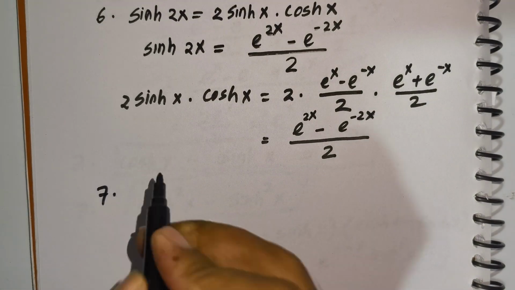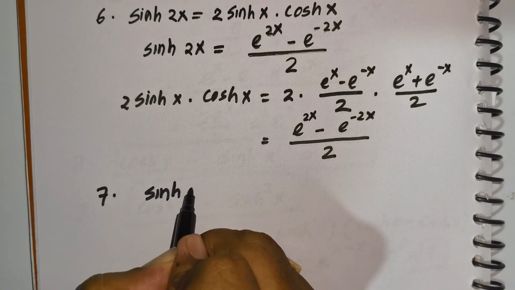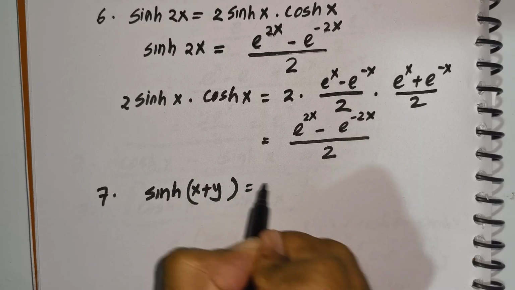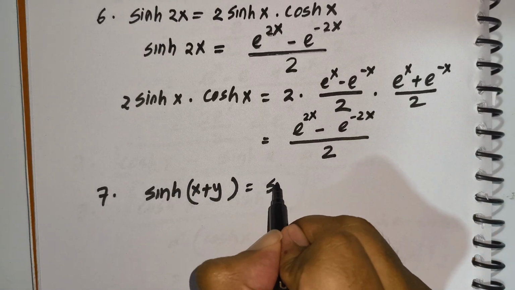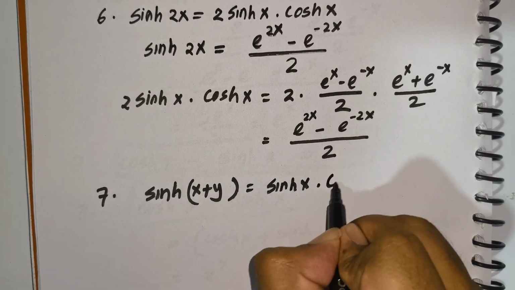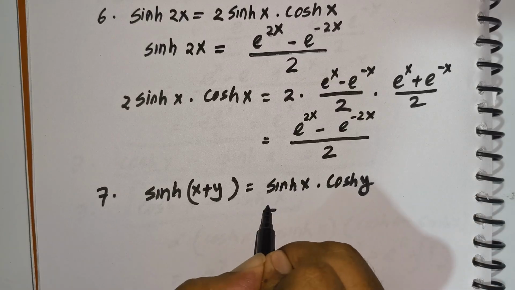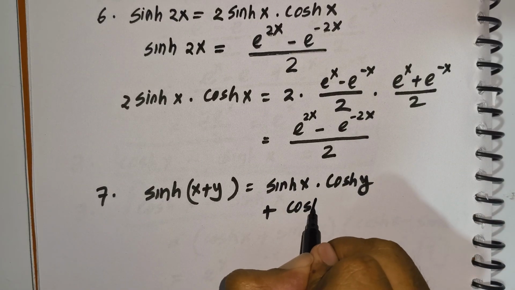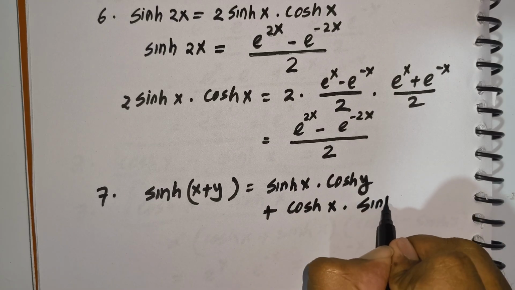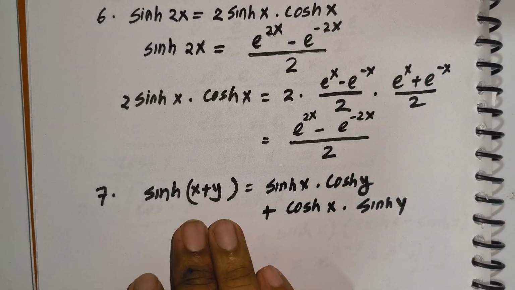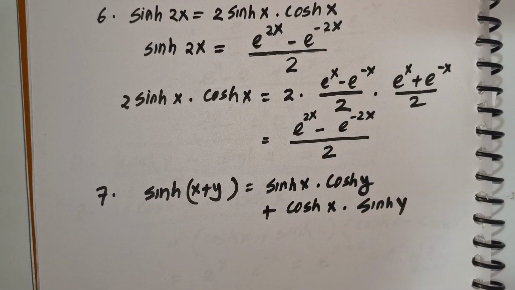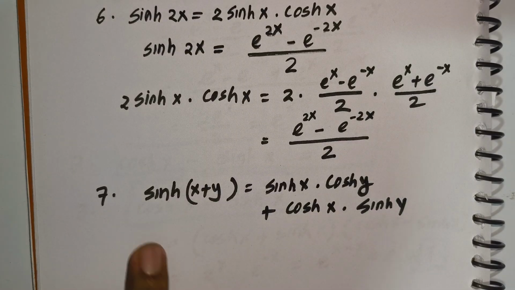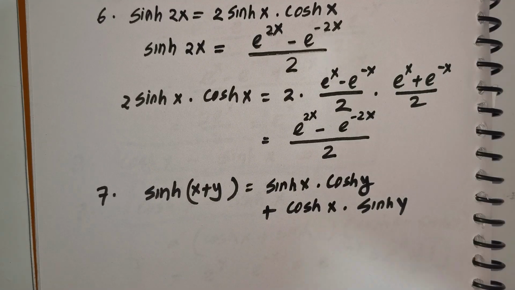Similarly, we also have sine hyperbolic x plus y as hyperbolic sine x, hyperbolic cosine y plus cosine hyperbolic x times sine hyperbolic y, and this identity looks similar to the trigonometric sin x plus y. So there is a relation between hyperbolic identities and trigonometric identities.